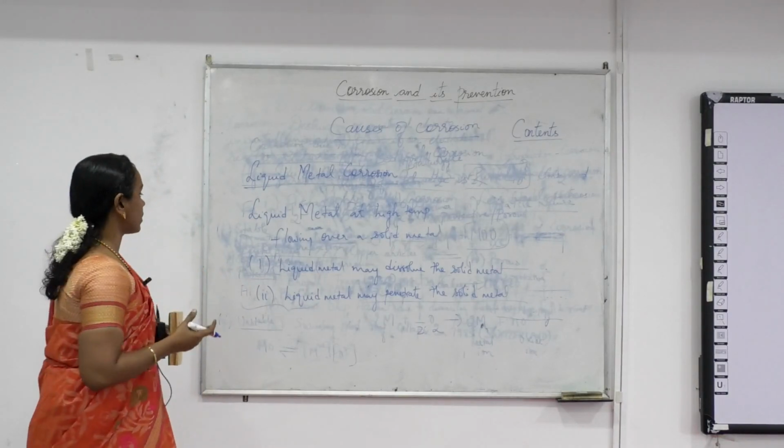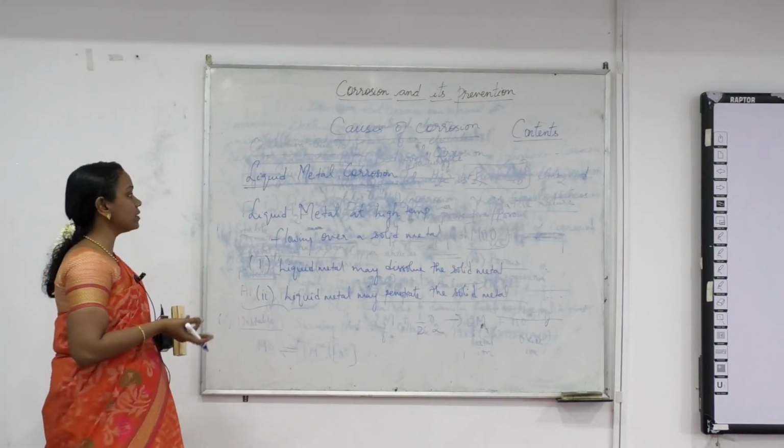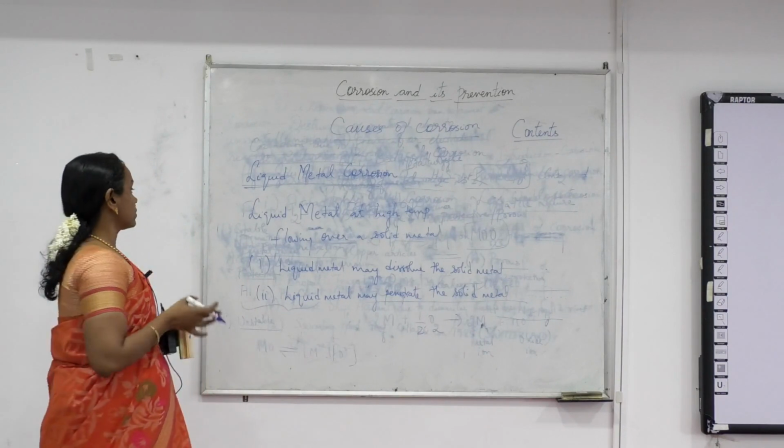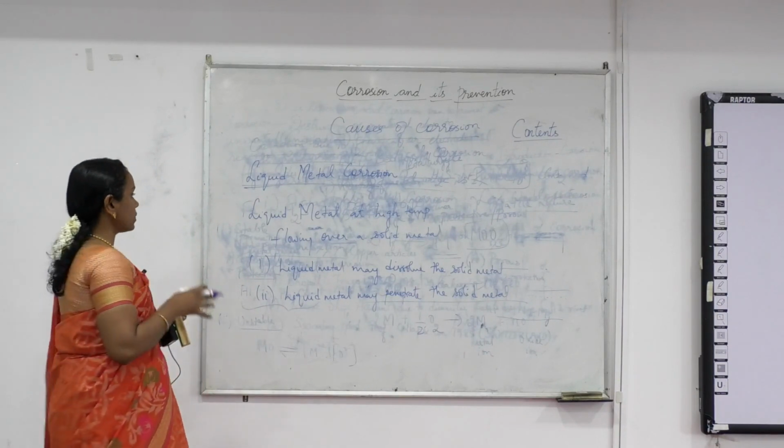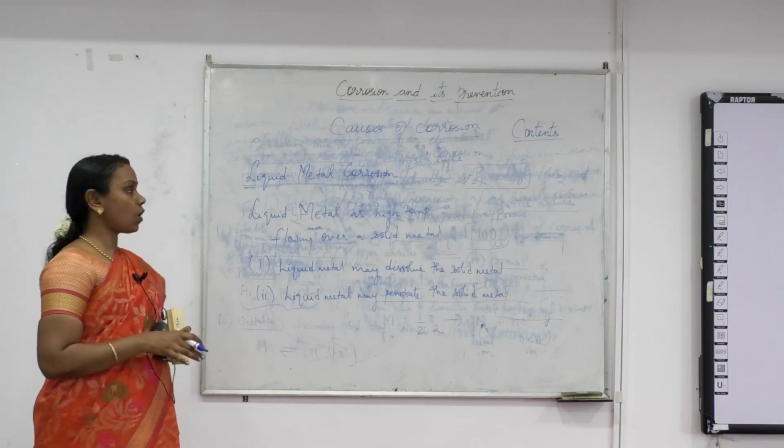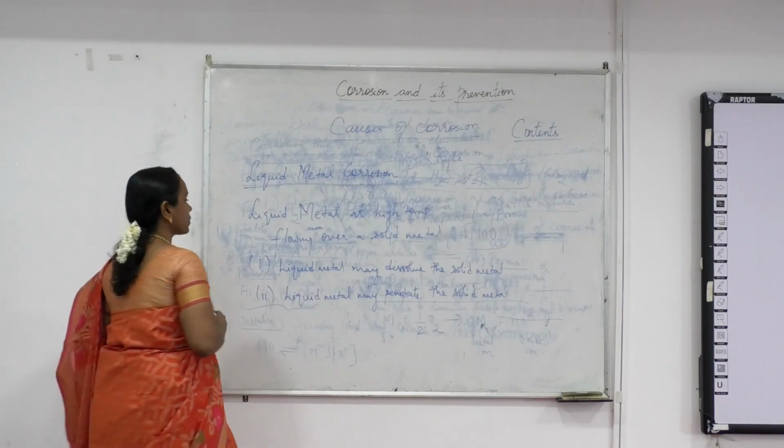And this type of corrosion is usually common in nuclear reactors. That is liquid metal corrosion, liquid metal flowing on a solid metal at high temperature.